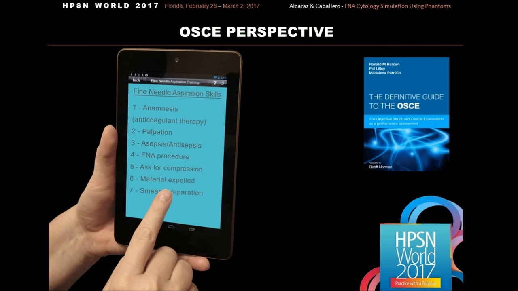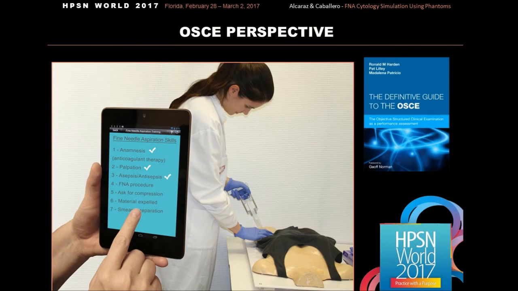We propose a 5 minute station which includes these items for evaluation: anamnesis, palpation, antiseptic technique, FNA procedure, ask for help for compression, and smear preparation. We can check off each item when it has been completed during the station in the OSCE exams.